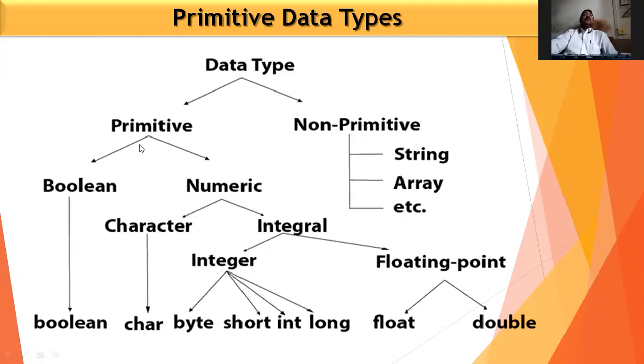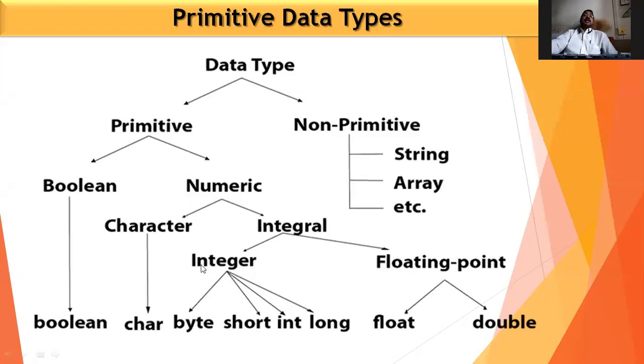In the primitive, we know that there are two types: Boolean and numeric. Boolean has a true or false value, and numeric has two types again, character and integral. Character has the character data type. Integral has two subparts, integer and floating point.